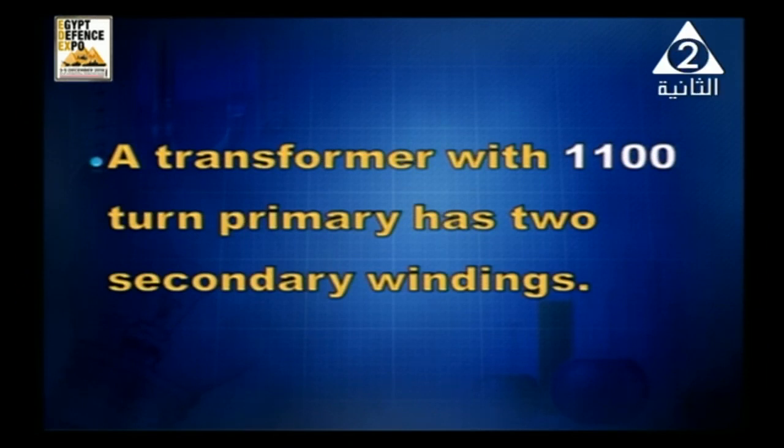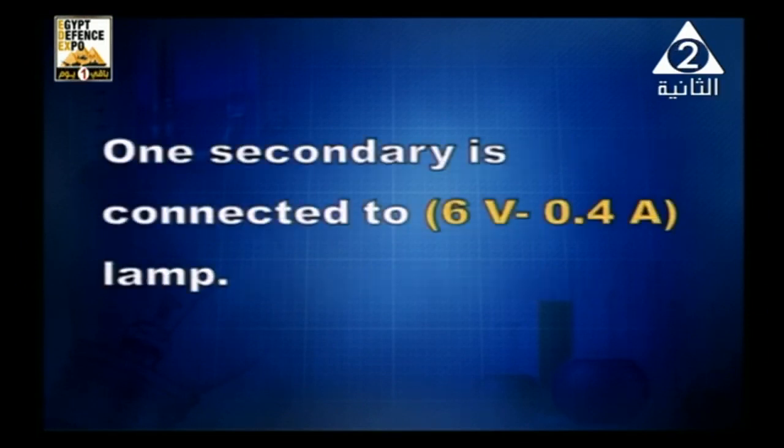We've got a problem here: a transformer with 1100 turns on the primary has two secondary windings. One secondary is connected to a 6 volt, 0.4 ampere lamp.